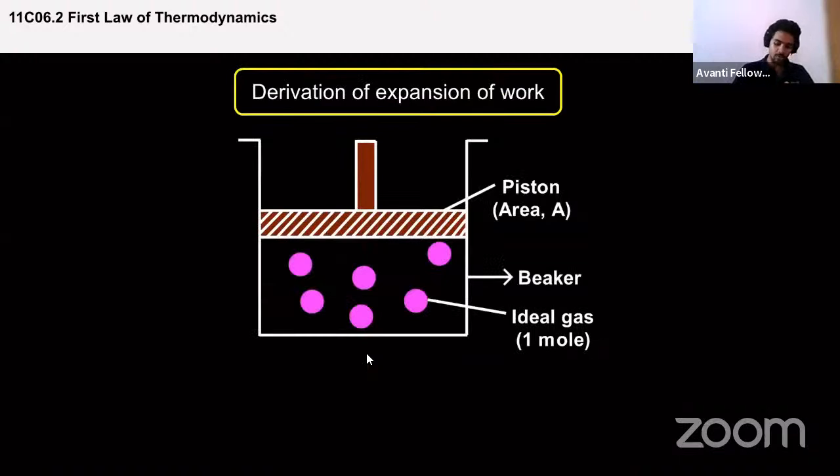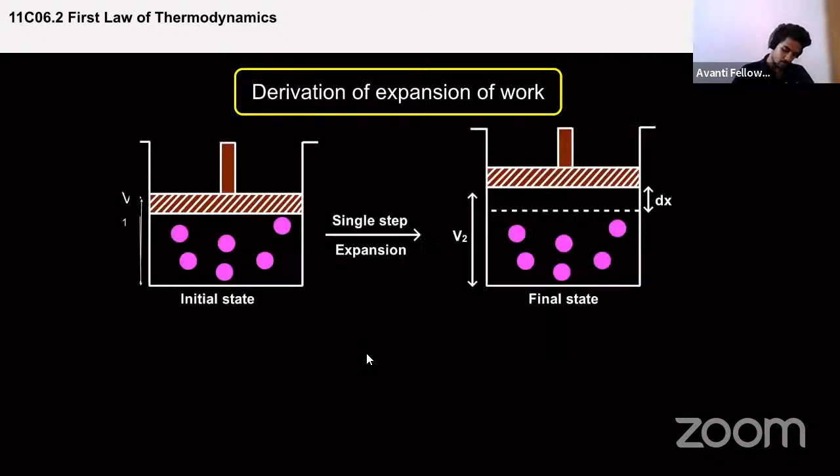Derivation of expansion work. What is happening? The pressure is constant, but the volume is changing. Now, this is the initial step, and after some expansion, dx volume will be increased, or dx area will be increased. If you are heating again, we get one more dx.